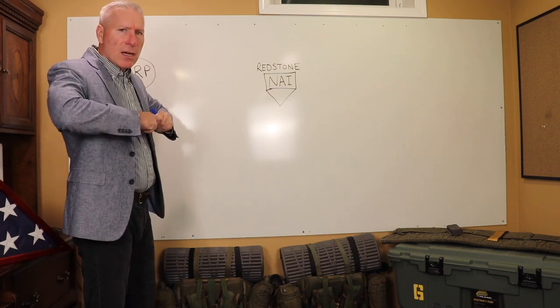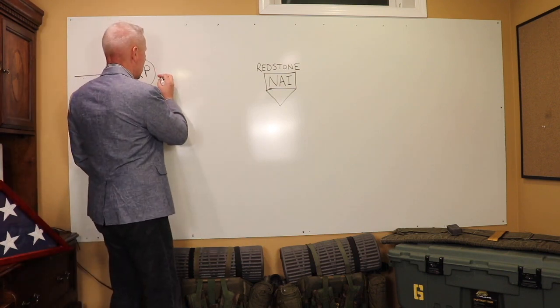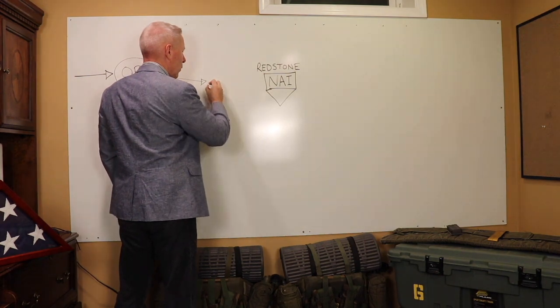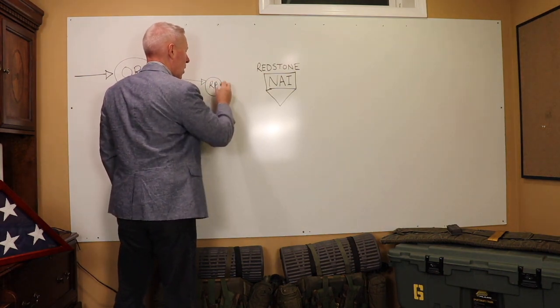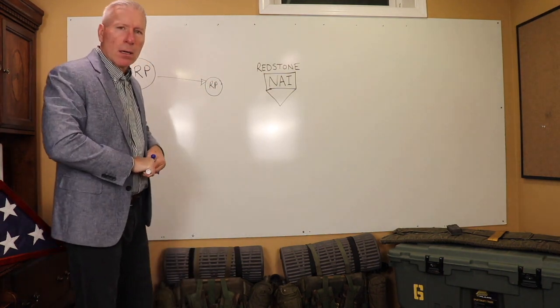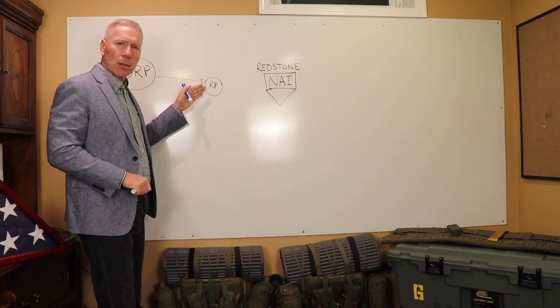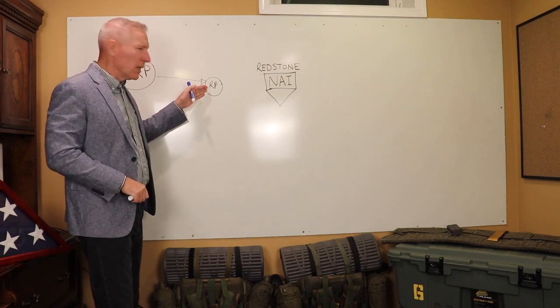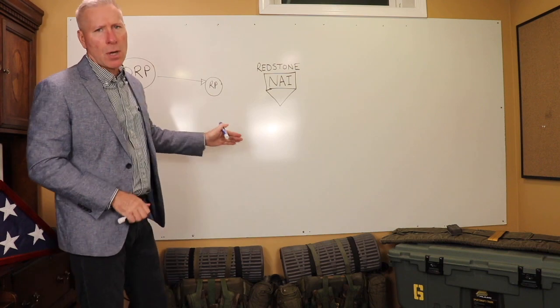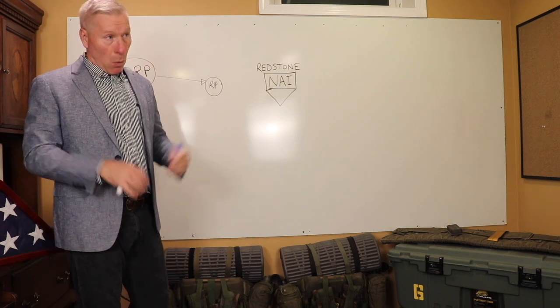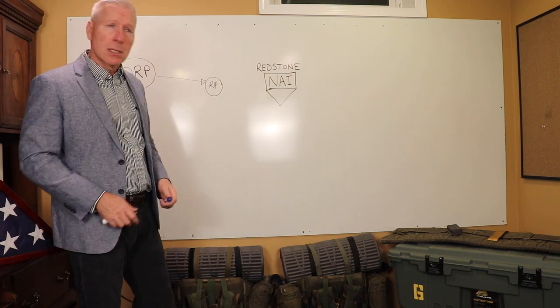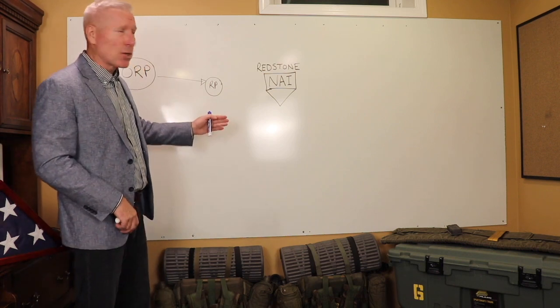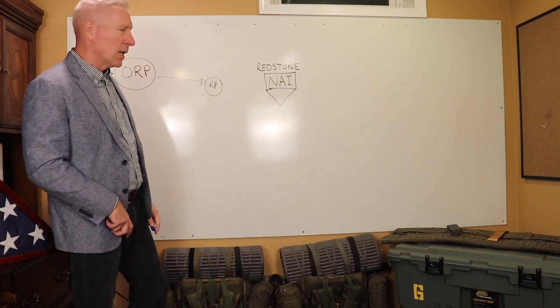So we've already decided who's going. We all walk out together and we go to the release point, the RP. This is where the commander, the patrol leader, releases the authority to those reconnaissance teams to get done what they need to get done, namely to gather intelligence and information on NAI Redstone.